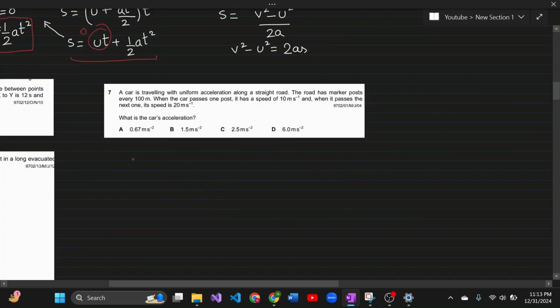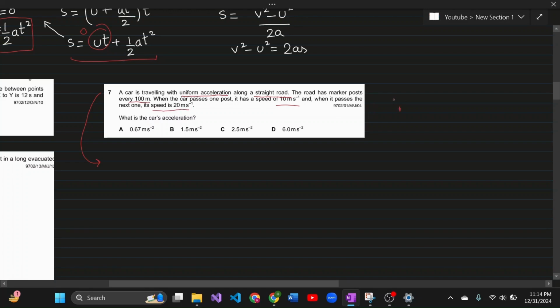Now the past papers. Let's see this one. A car is traveling with uniform acceleration along a straight road. The road has a marker post every 100 meter. When the car passes one post, it has a speed of 10 meter per second, and when it passes the second one, its speed is 20 meter per second.